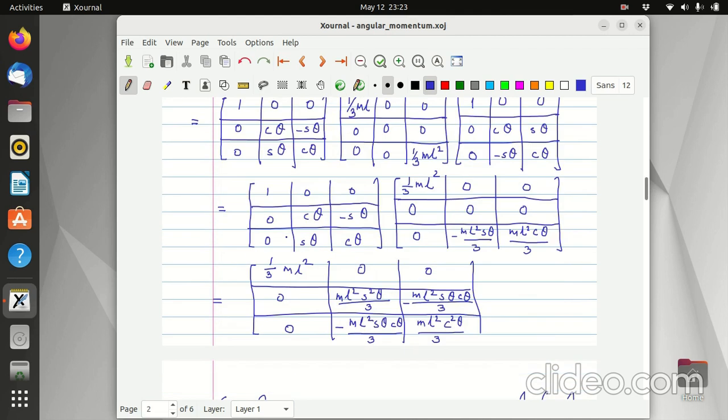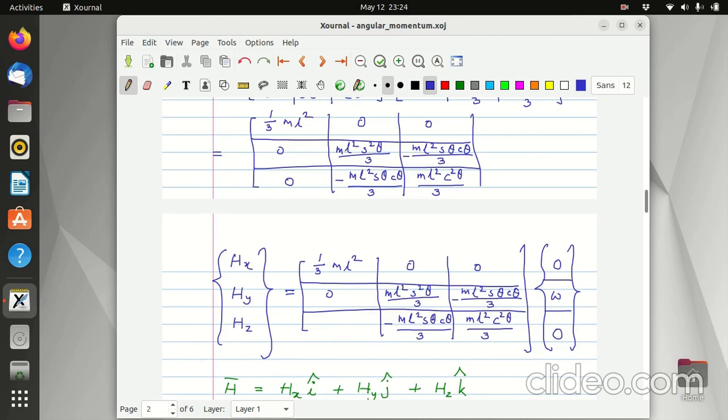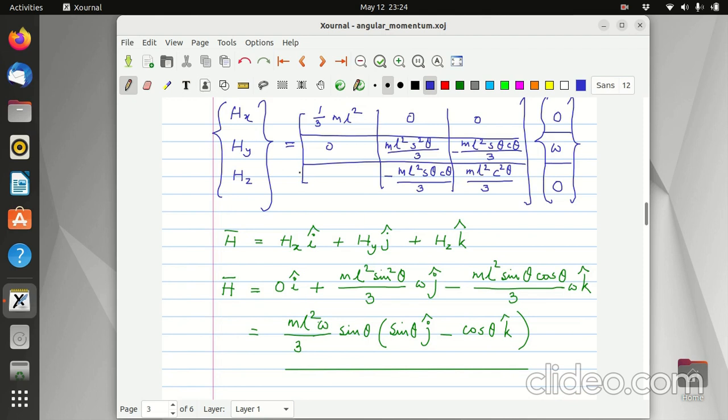If you multiply, you get this as your I: this is I xx, this is I yy, this is I yz, this is I zy, and this is I zz. Now hx, hy, hz will be this, because omega is about the y axis. So omega x is 0, omega y is omega, and omega z is 0. You just multiply and get hx, hy, and hz, and you get this result.